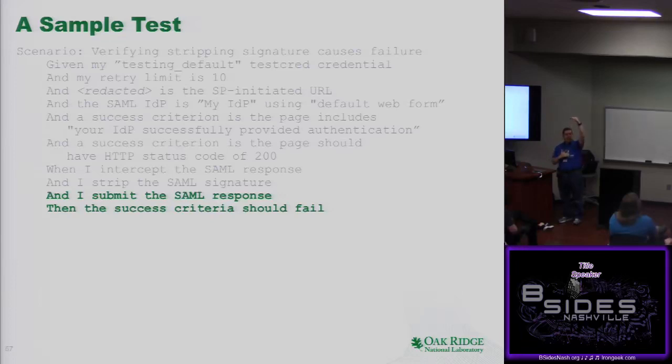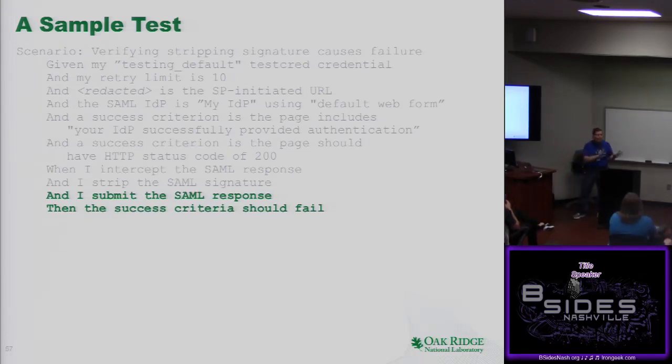Now, again, the way we do this is part of a script that we start with a SAML breaker that does nothing. All of the success criteria should pass. Then we walk through in that test script and apply some of these changes selectively, and the test should then fail.